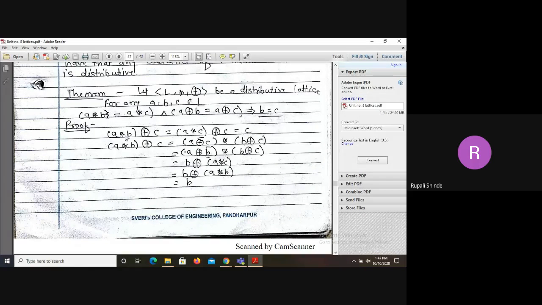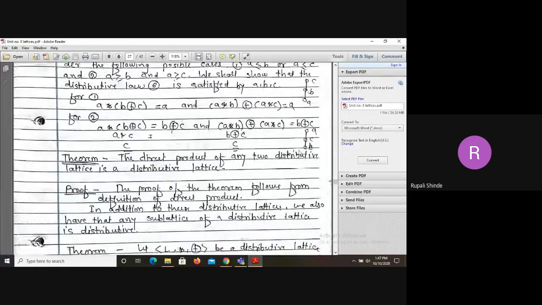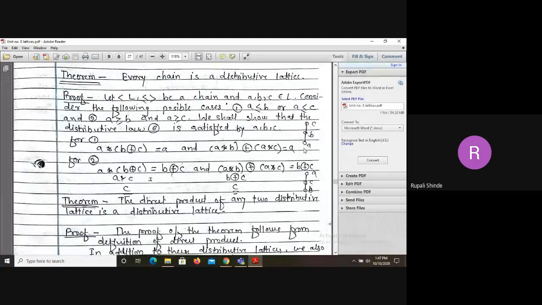So we can consider its value as A star B XOR C. Now they have said here that B is equals to C. That's why we can replace this B by C. So here B is replaced by C. Now what is the value for A star C? Consider this diagram.